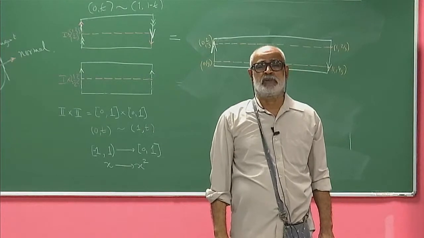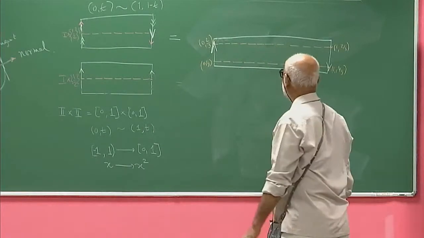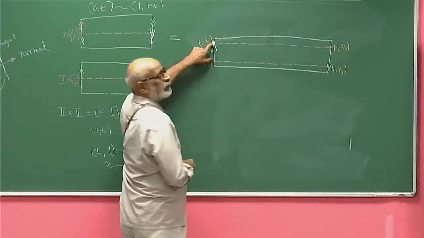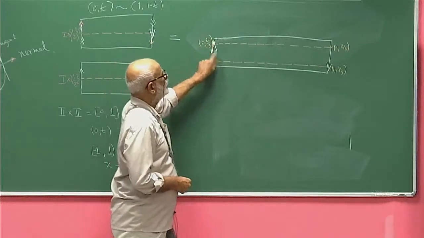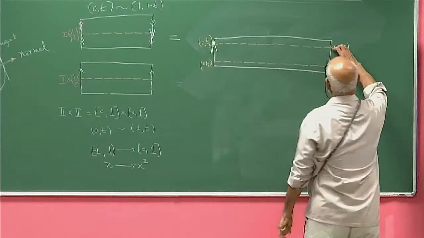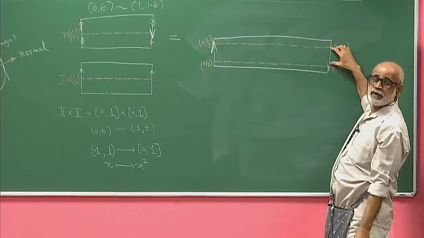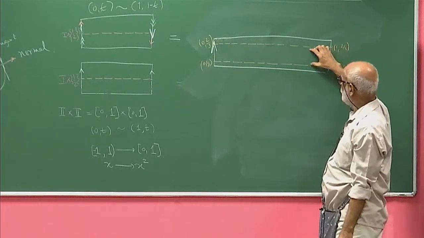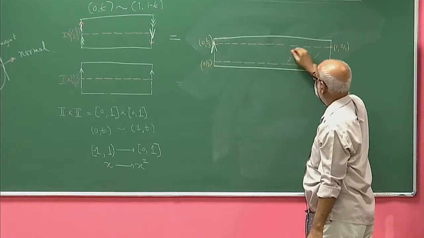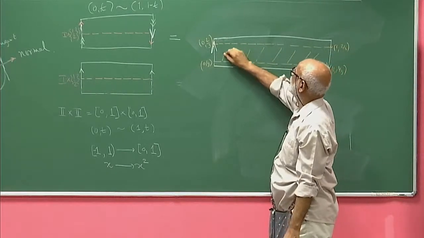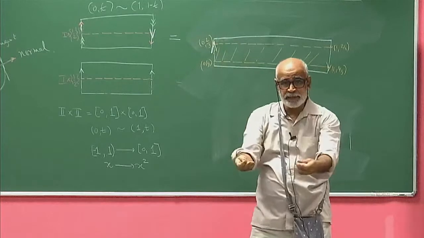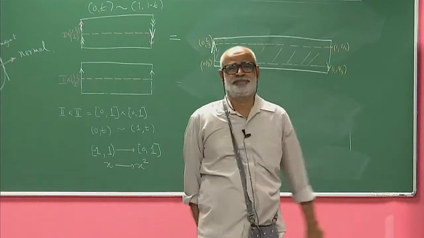When you cut it, what happens? The central part here, this arrow is getting identified with that arrow, the smaller arrow. Only the size is different. The arrows are reversed. So this portion remains intact. And what is the image? That is the Mobius band.